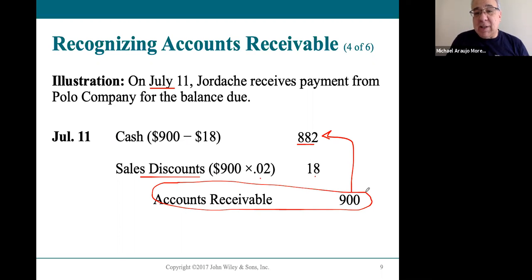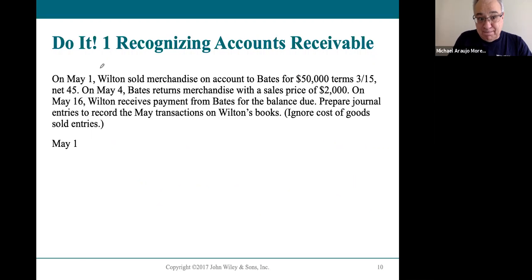Sometimes just because you're expecting to get paid doesn't mean it's going to happen. And look what happened during the last year. We had a lot of businesses who went out of business. So they couldn't pay some of the money they owed to other businesses. In other words, those receivables went bad. So we're going to be looking at that.